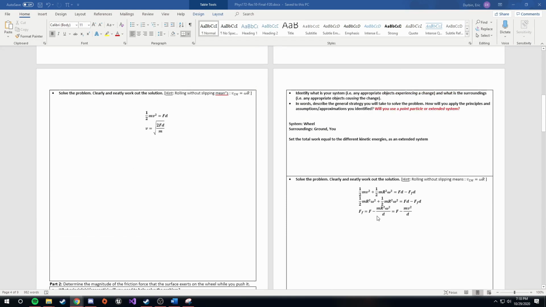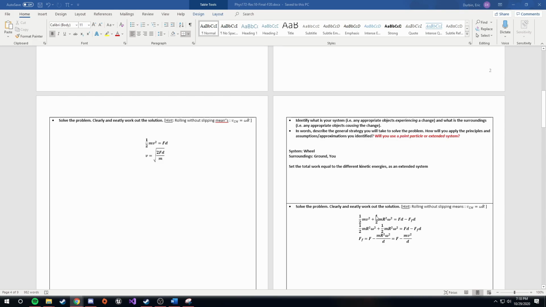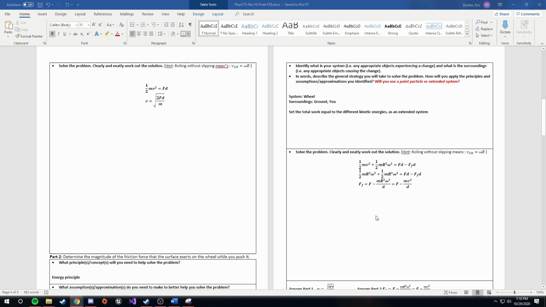So, just want to say, the force, okay, so at the bottom, the net force is 0. It's because the force of friction is equal to the velocity.